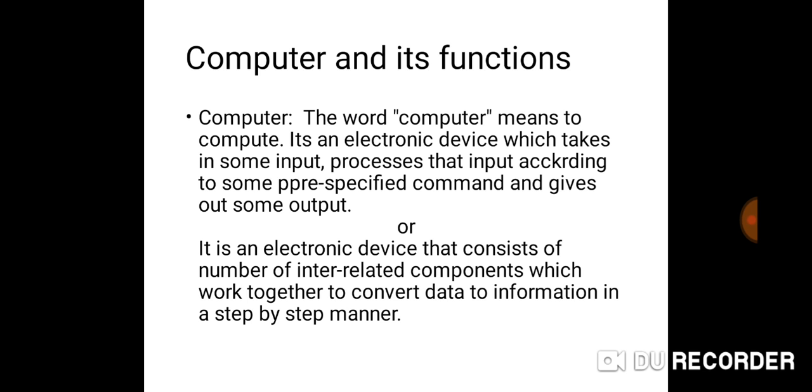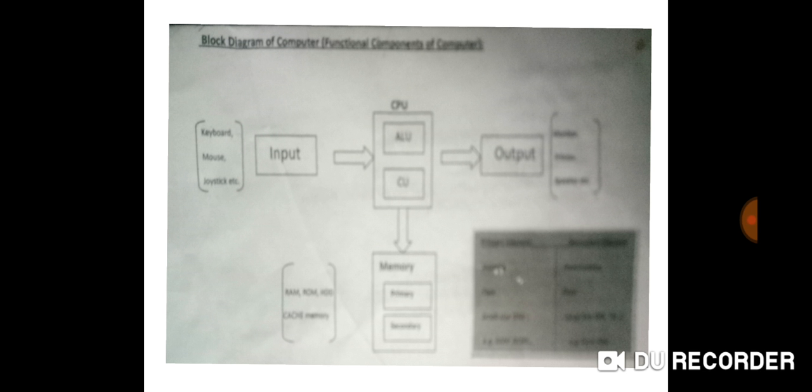Dear students, now let us see this block diagram. First of all I will tell you what a block diagram actually is. A block diagram is a type of diagram in which main components of the system are represented in the form of blocks, and the relationships between the blocks are represented by lines.